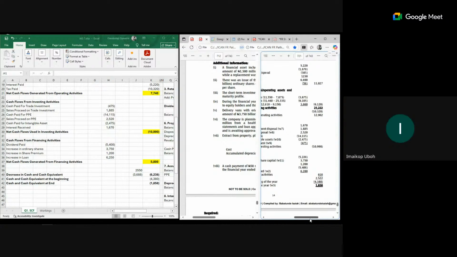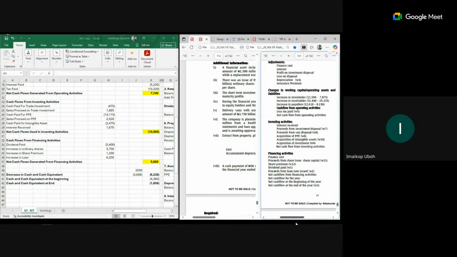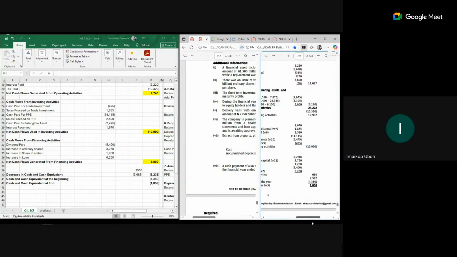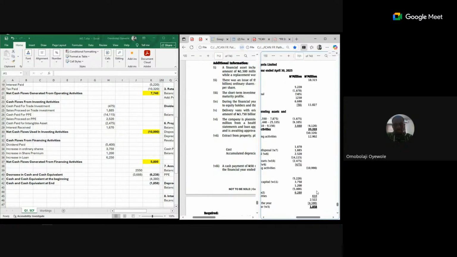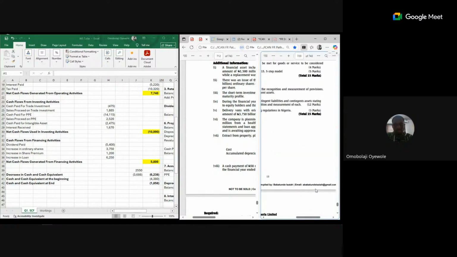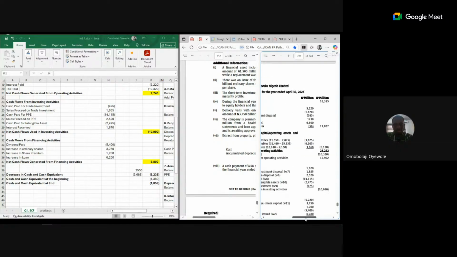So that's 1,858. It's positive. Let me check their cash flow from operating activities. What do we have? Let me see the cash equivalent at the end. Their own 1,858 is positive. How did they get positive?